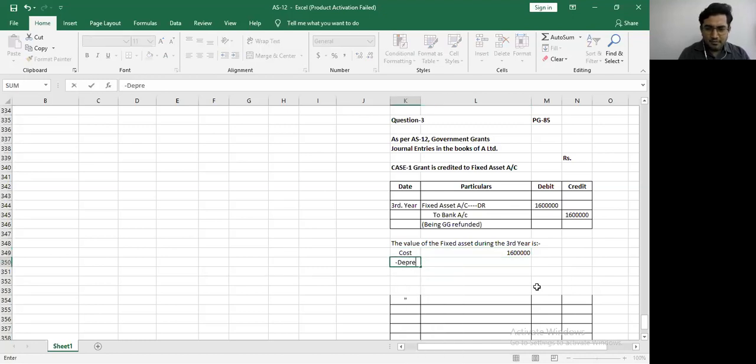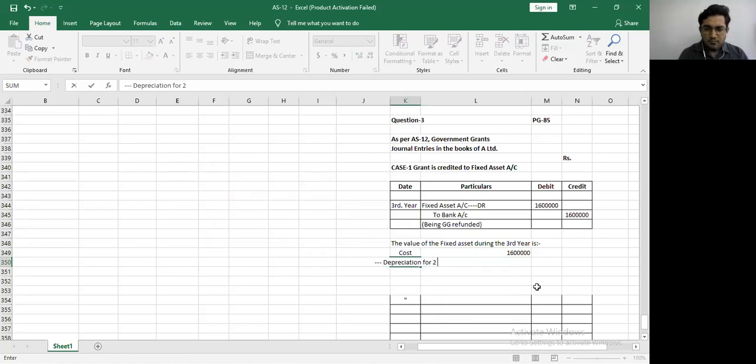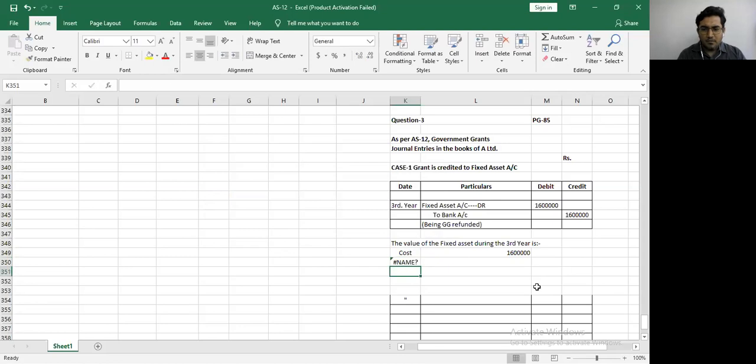Deduct depreciation for 2 years. We will deduct, so you will deduct depreciation for 2 years.